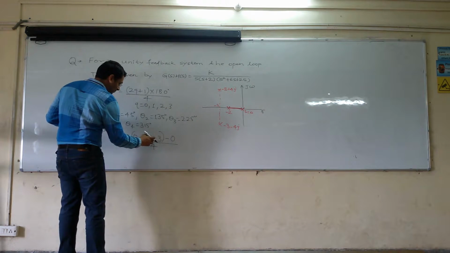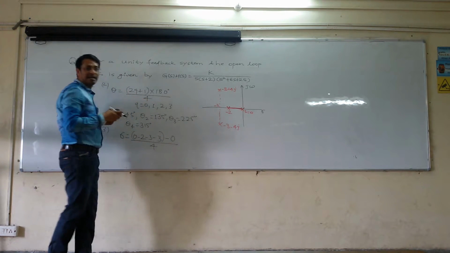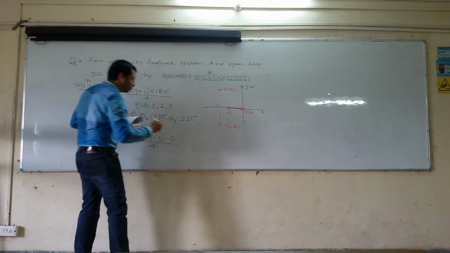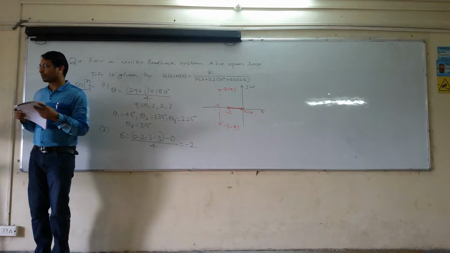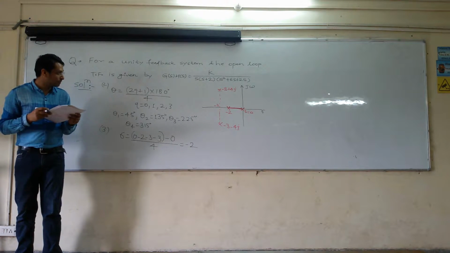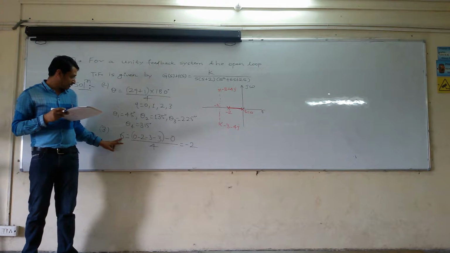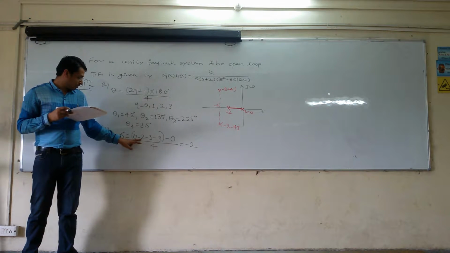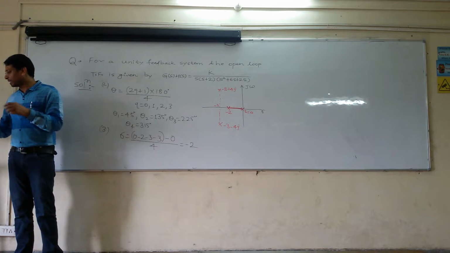That is what? Minus 8 divided by 4 will be equal to minus 2. Sir, sigma is minus 4? Okay, it is minus 4, sir, correct?